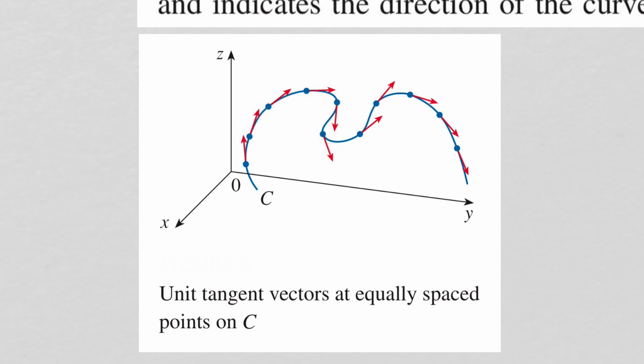So all we're doing there is basically drawing the tangent line, but then the vector associated with that tangent line is 1 unit long and points in the direction of the motion of the curve. So rather than having tangent vectors of all different lengths, finding the unit tangent vectors is a nice way to graphically illustrate how quickly the curve is changing.